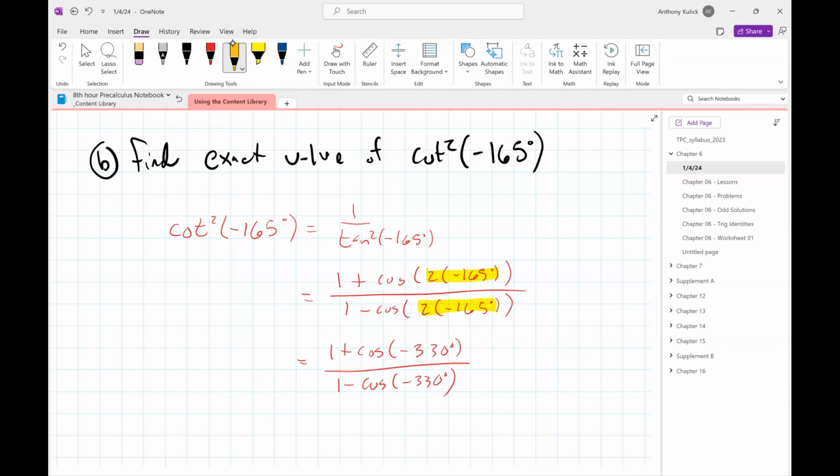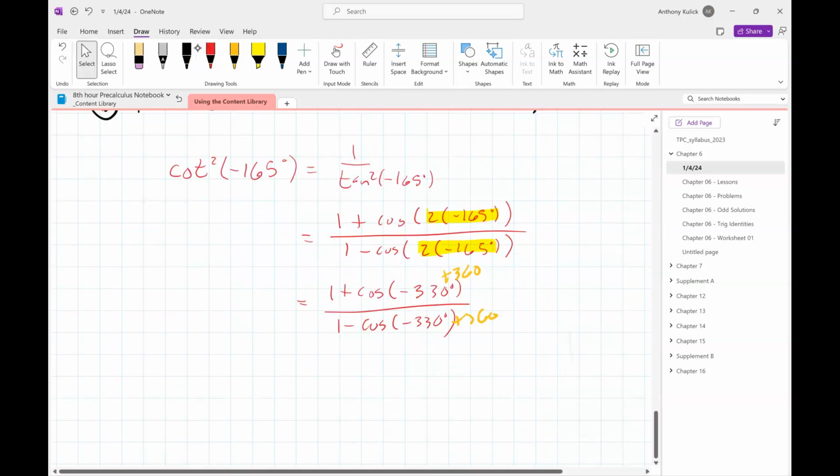Now I just need to do cosine of negative 330. Oh no! Negative 330 is not on the unit circle. Whatever should I do? Excellent. Find something coterminal to negative 330. How do I do that? Just add 360 to those.